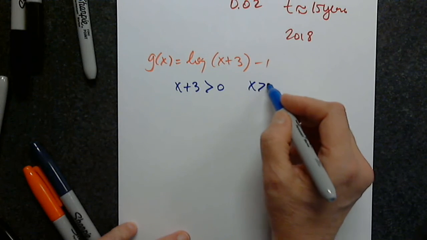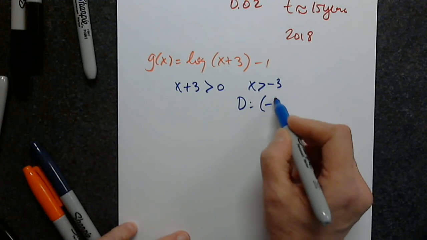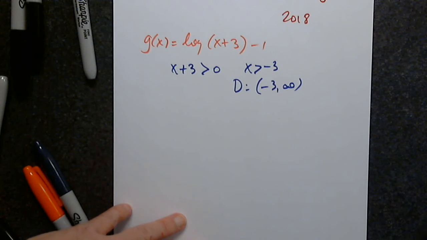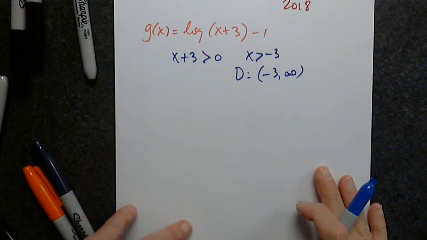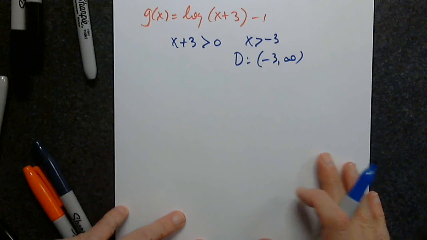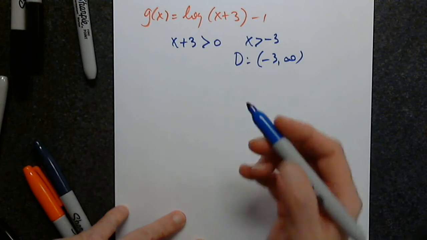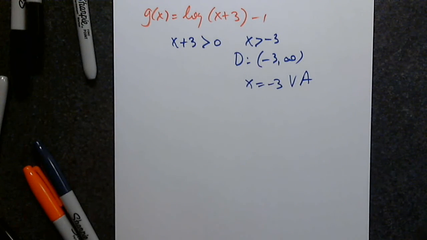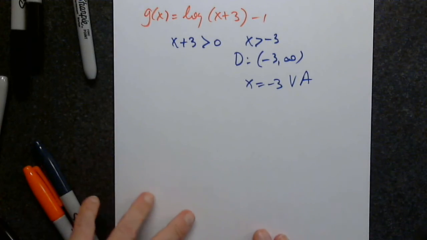And that means that x is greater than negative 3, so the domain must be negative 3 to infinity. And now I can present the rest and the asymptote. And of course, the asymptote must be negative 3. There is no question. If the domain starts there, that must be the vertical asymptote.